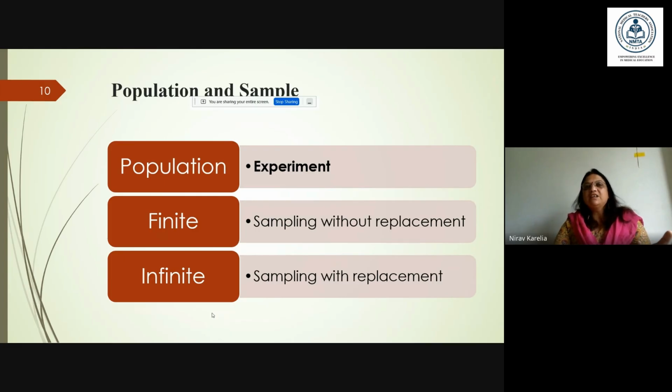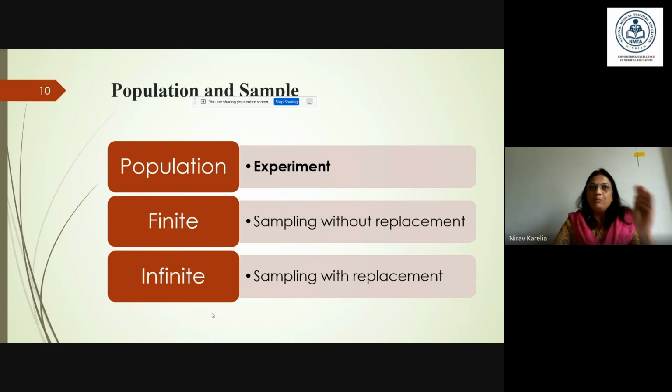In whatever research project we do, we only use a sample taken from the population, which is a small part of the population, and we assume that this sample is representative of the population.